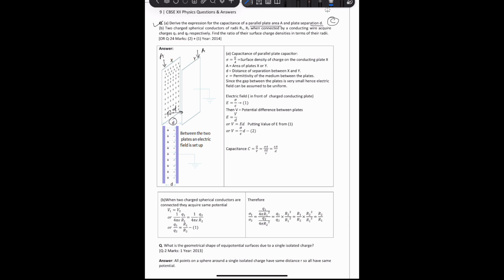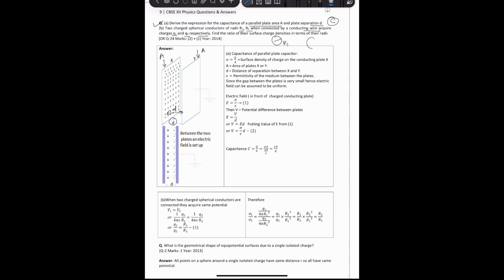Next, two charged spherical conductors of radii R1 and R2, when connected by a conducting wire, acquire charges Q1, Q2 respectively. Find the ratio of their surface charge densities in terms of their radii. So you have two charged spheres.